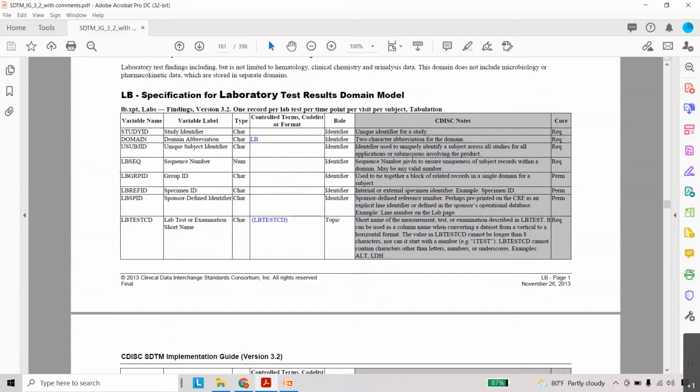I can say it is one of the regular complex domains irrespective of study, because there are several tests and there might be a chance of missing data, like missing original results, missing standard results, missing units, or some typographical errors in test names.